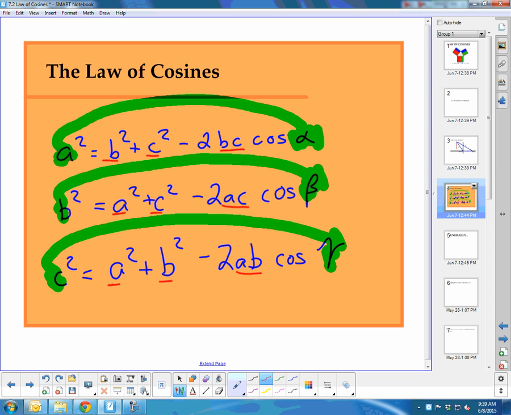The other thing that a lot of people would tell you, and it's definitely something you can use, is that the beginning piece has some similarities to the Pythagorean theorem with something tacked on to the end. You should also notice that at the end, 2bc cosine alpha, 2ac cosine beta, and 2ab cosine gamma, in all three cases you are dealing with two sides and the included angle.